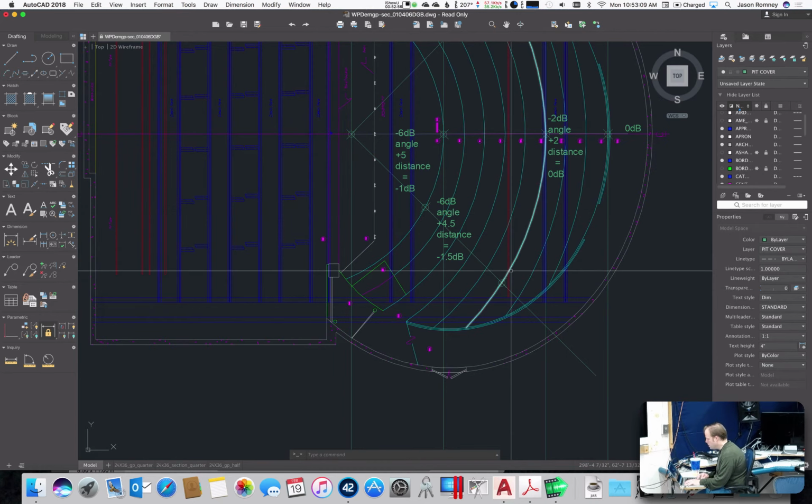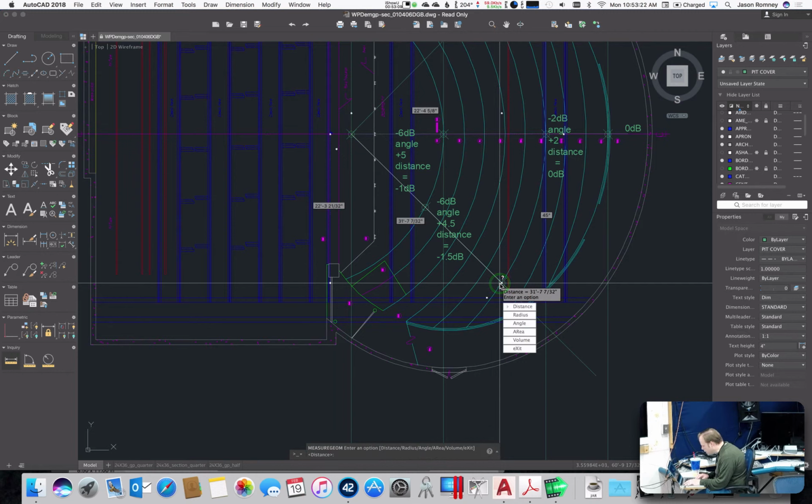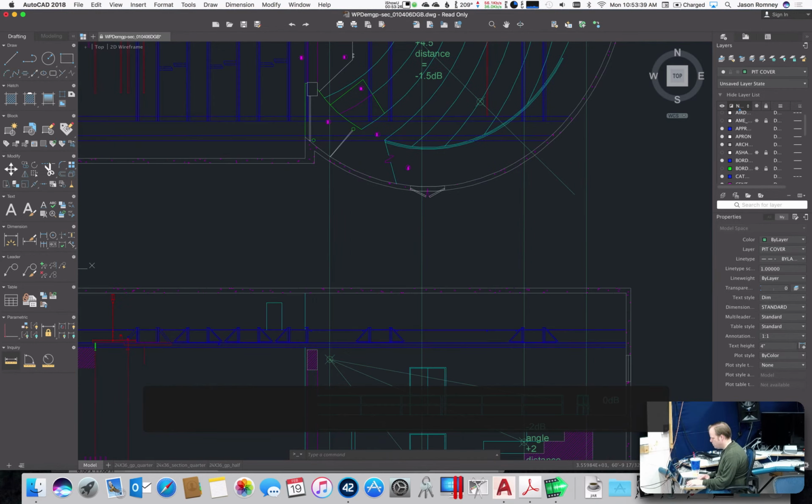Okay. What about this seat? Well, what is A for that seat? A is 31 feet 7 inches. So we could call that 31.5, I think. An inch is not going to kill us. So 31.5 is A. What is B?